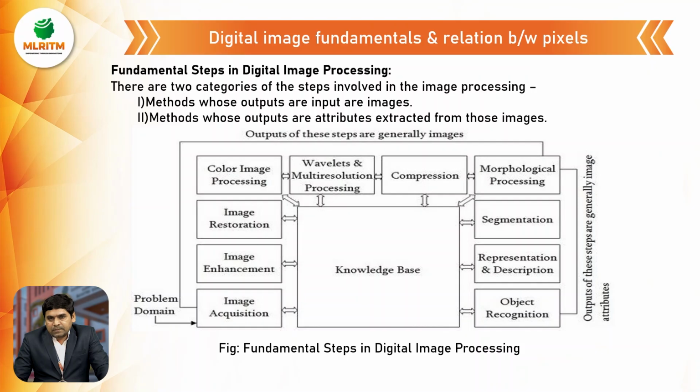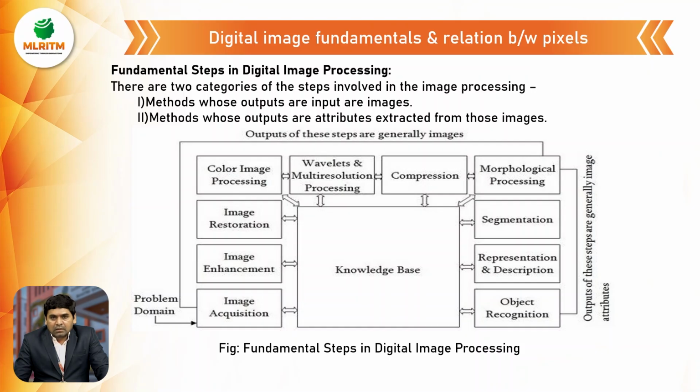This is one type of process. The second type of process, given an input image, has an output with some features, such as the size of the image and what intensity values are there. This involves all the steps of the fundamentals in digital image processing.